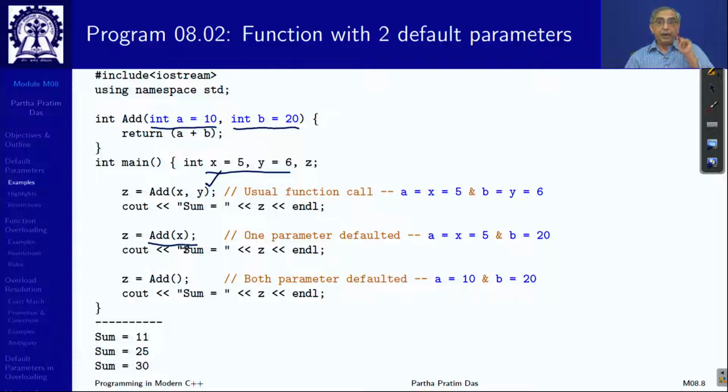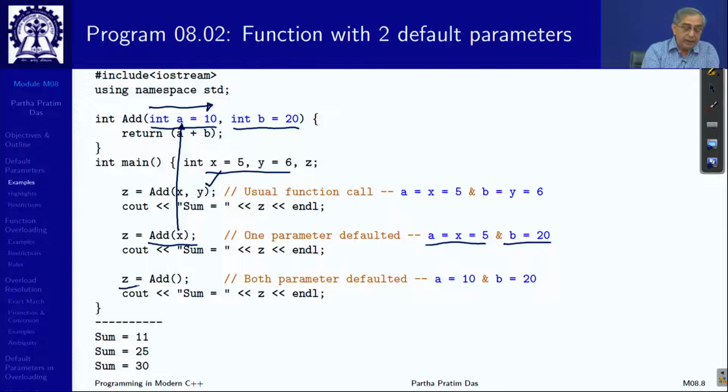Now, if I call it with one parameter, whether it is a or b is decided from the left hand side. When I pass parameters, it is always taken from the left. So, x is copied to a, so that becomes 5, but b is not given. So, its default value is taken, which is 20.